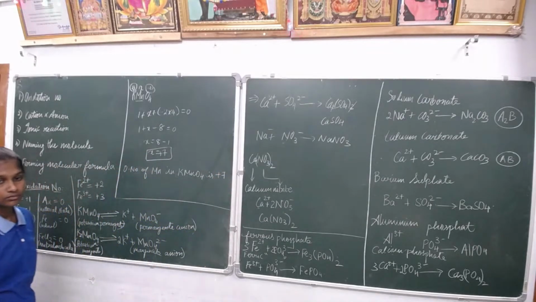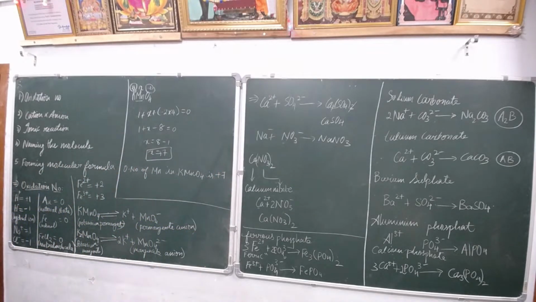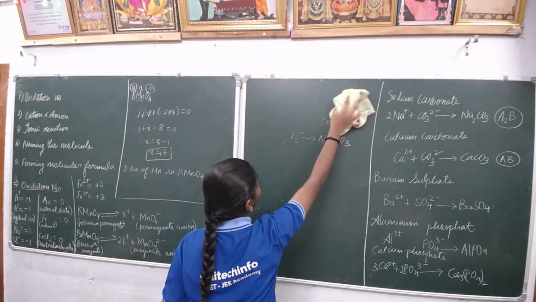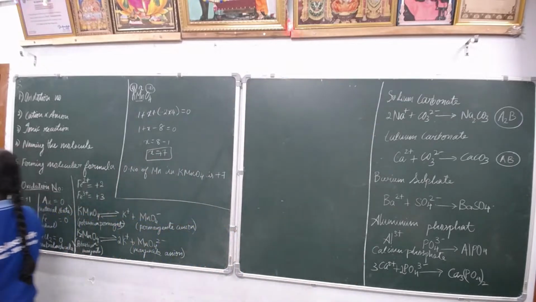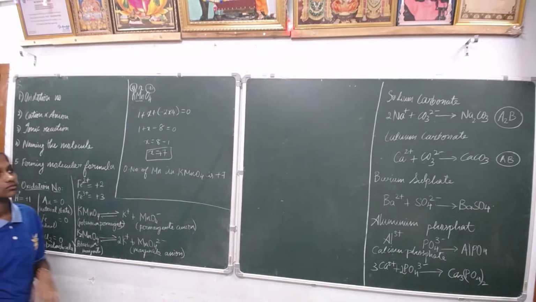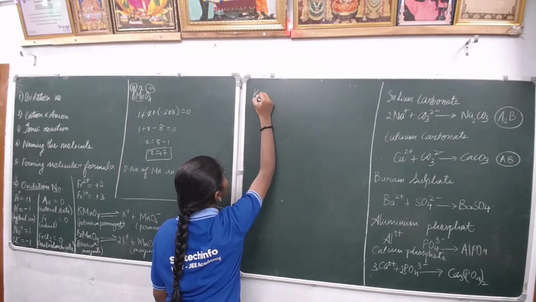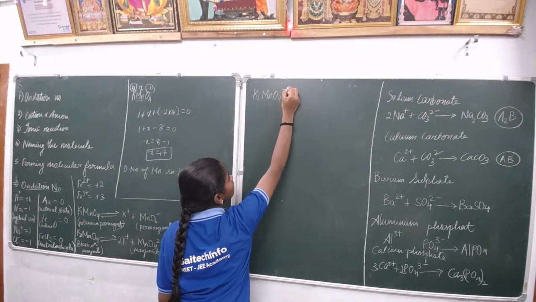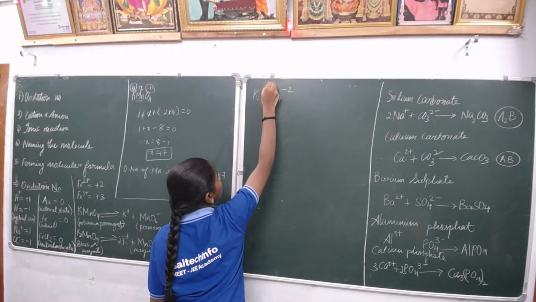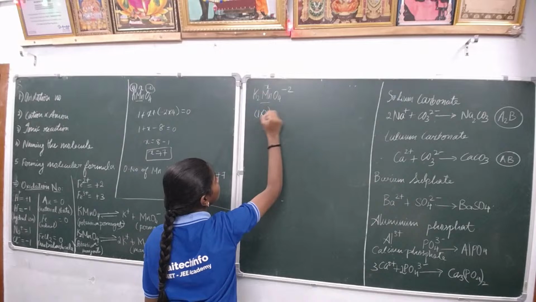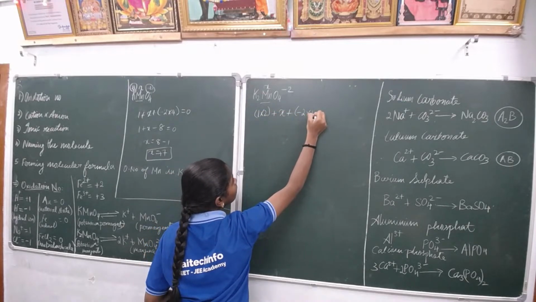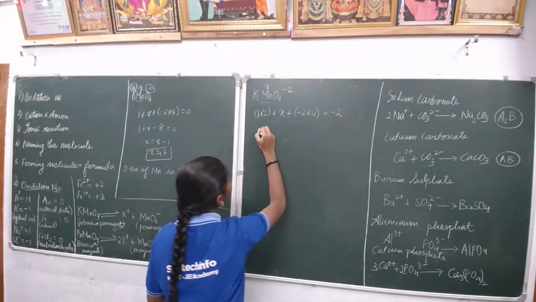Shall we try to find out the oxidation number of manganese in K2MnO4? Here, for K we already know plus 1, and for oxygen we know minus 2. Put X for manganese. Now 2 plus X minus 8 is equal to 0. So X minus 6 is equal to 0, X is equal to plus 6.